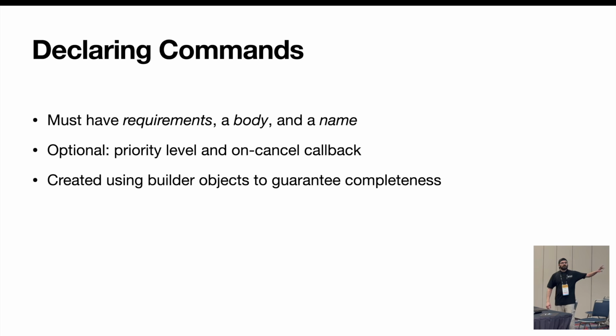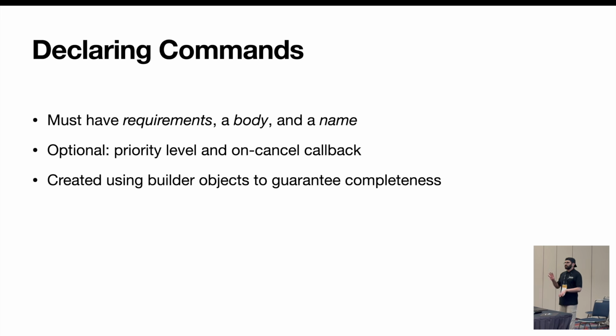And then also you can have an on-cancel callback. This is similar to the interrupted callback that we have right now. That will only execute when that command gets canceled. An interrupt is also a cancellation, so that will also happen when a command is interrupted. That's why it's an optional callback.